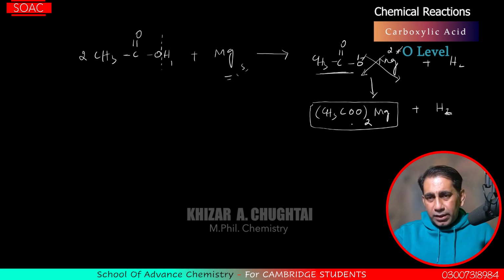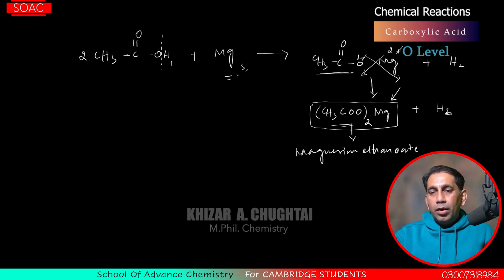What is the name of this salt? Again, first write the name of this metal. The metal is magnesium. So magnesium ethanoate. The simple normal name is magnesium ethanoate, and this is the hydrogen gas.